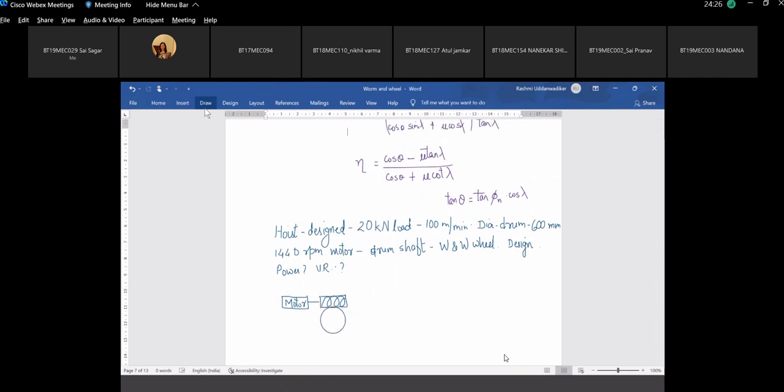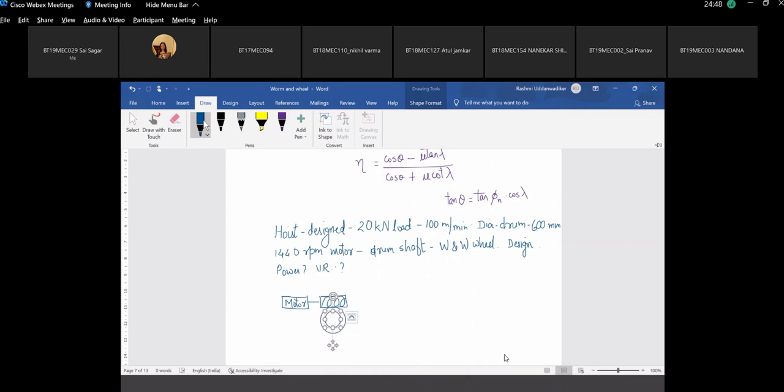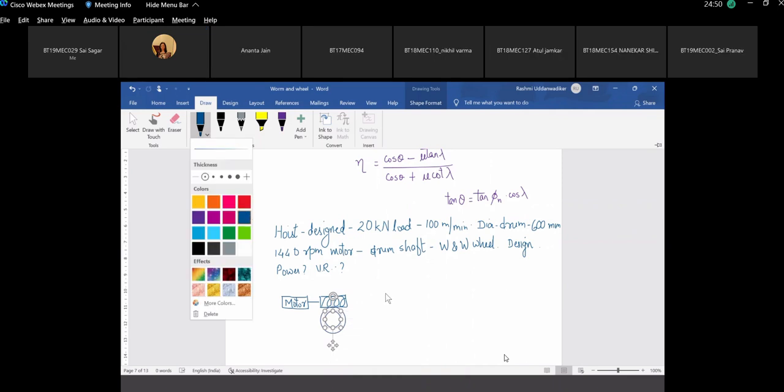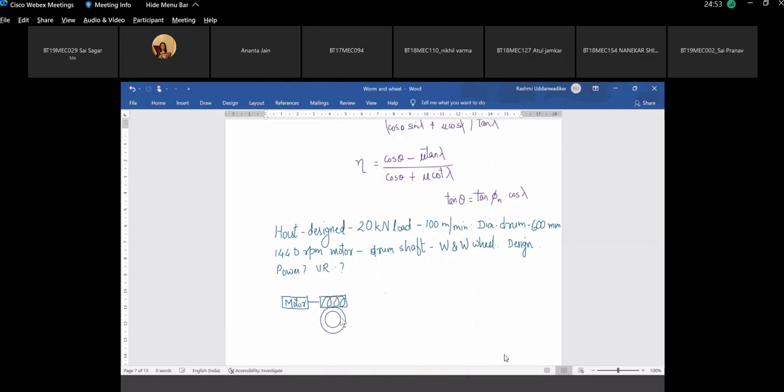And there is another shaft, which is the drum shaft, a drum mounted on the same shaft, which is carrying a weight of 20 kilonewton.